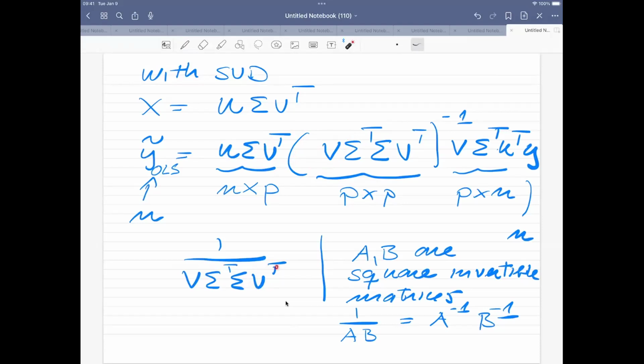I have the inverse of this one, which we have here, multiplied with that one, which gives me also the identity matrix. Now, the thing you have to be a little bit careful with now are the dimensionalities, because when I now perform the multiplications here, this guy here has only non-zero matrix elements.